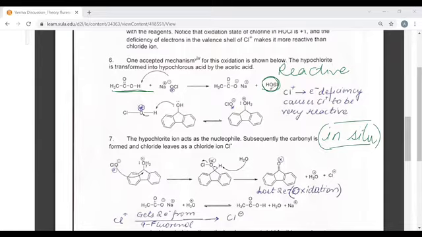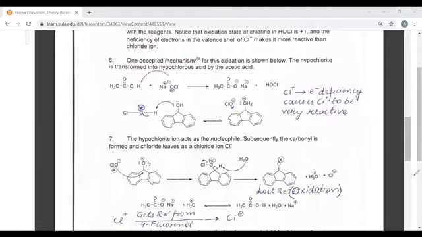You cannot isolate HOCl and add it later on. It has to be generated within the reaction. A very special feature of HOCl is that this will give you a chlorine ion. Usually, whenever you see a chloride, its ion would be negatively charged. But this ion is positively charged.